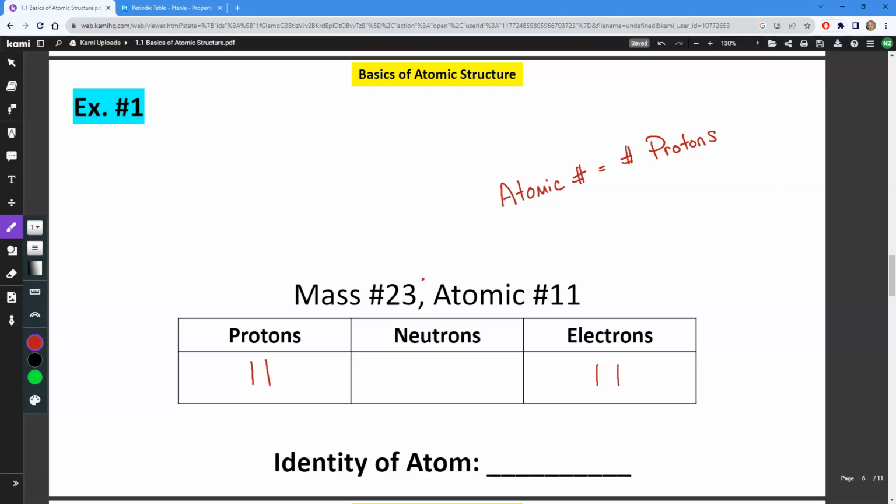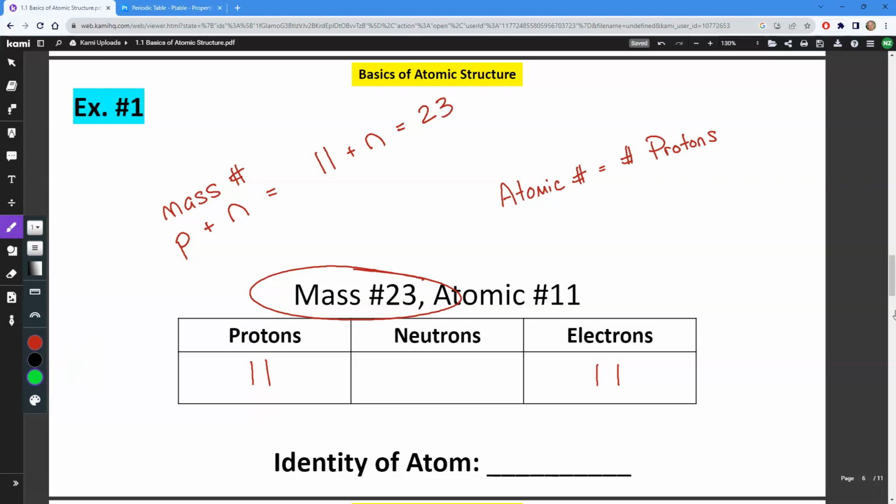Now the mass number is equal to the protons plus the neutrons. So if we know the number of protons are 11, we don't know the number of neutrons, but we know it has to add up to 23 because that's the mass number.